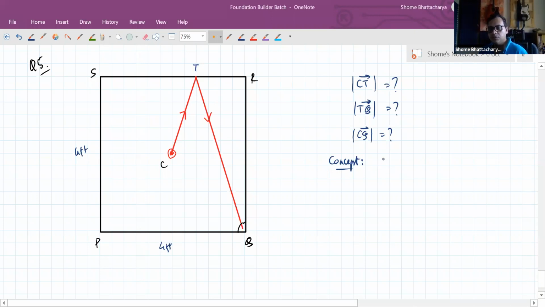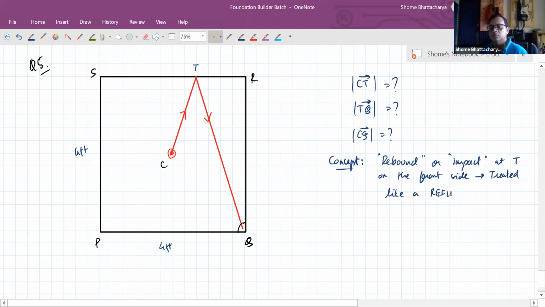Okay, so the concept is the rebound or impact at the point T on the front side. Okay, this rebound will be treated like a reflection at a plane surface.